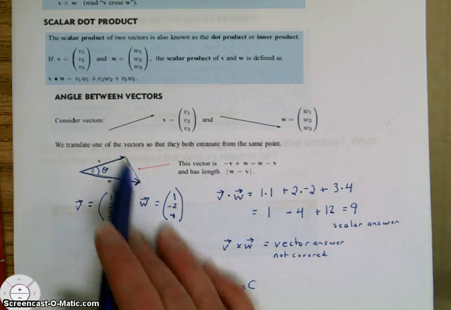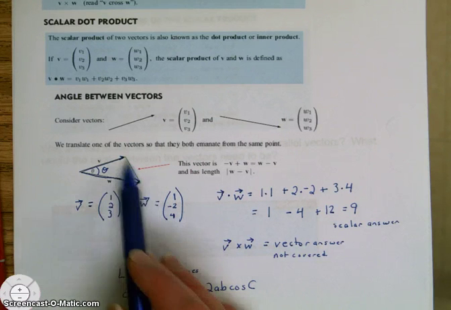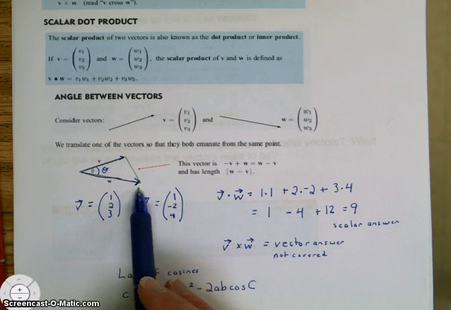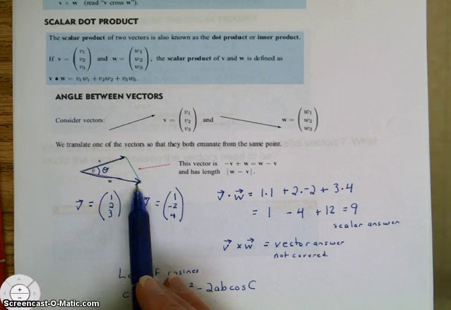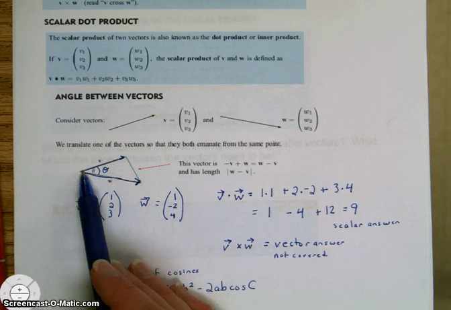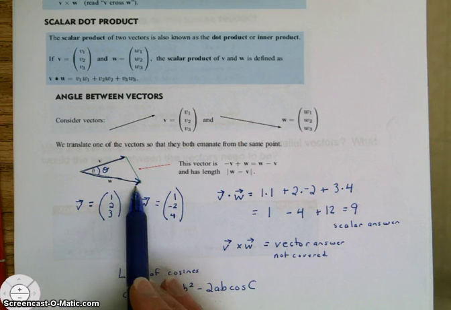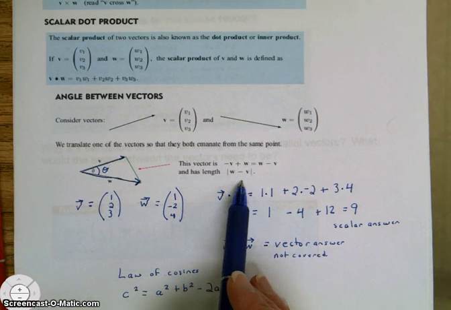So this guy over here, if you think about how can I make this vector, let's see what we could do. If we started here and wanted to go to here, we would go the opposite of v plus w. So that's the opposite of v plus w.